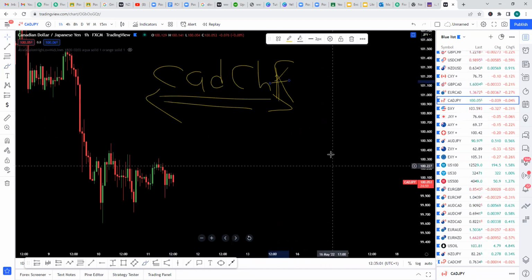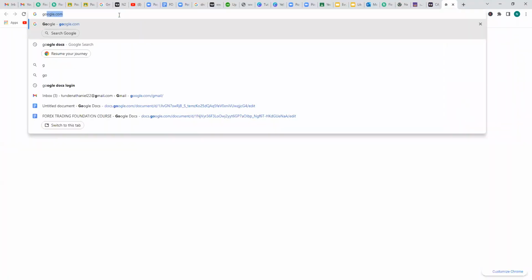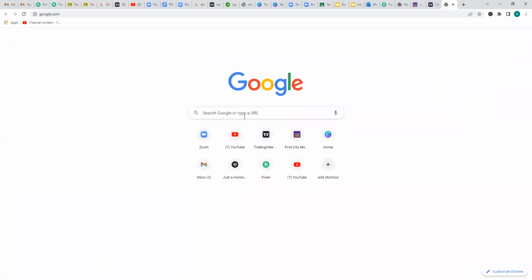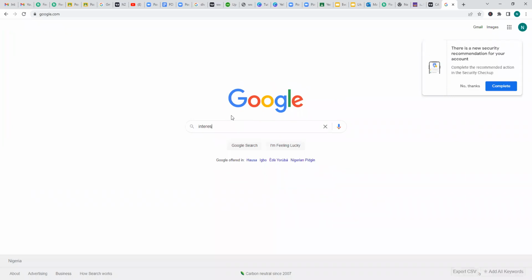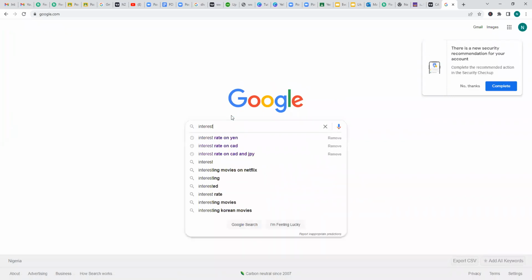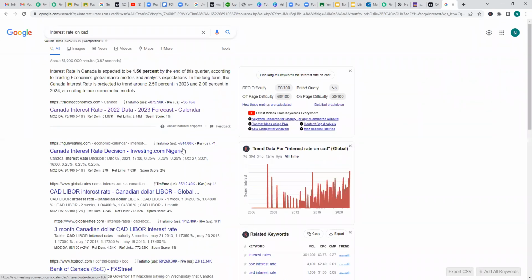Okay, so what are you supposed to do? You need to go to Google. Very simple. Just search interest rate on CAD.